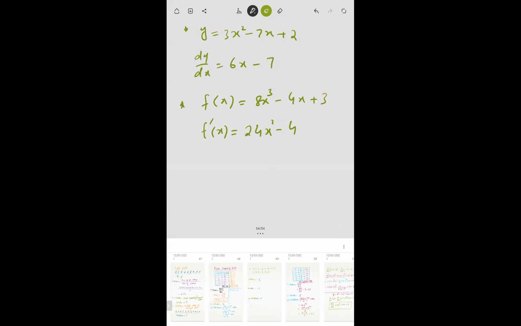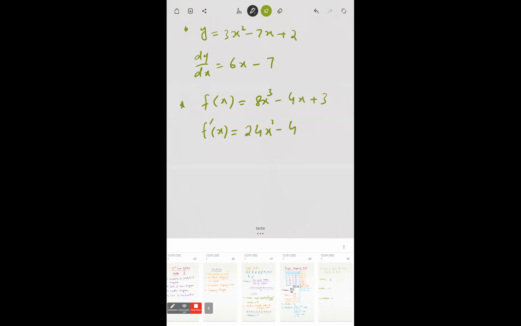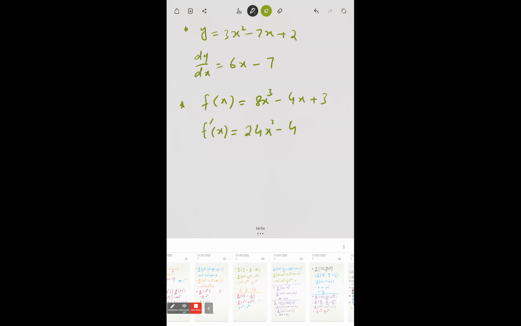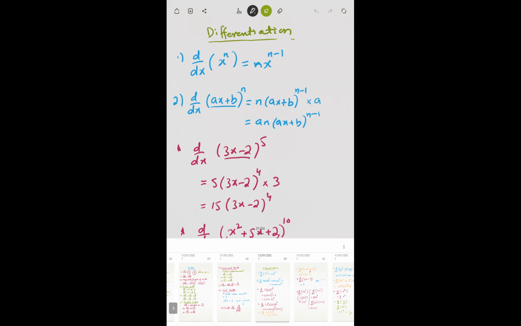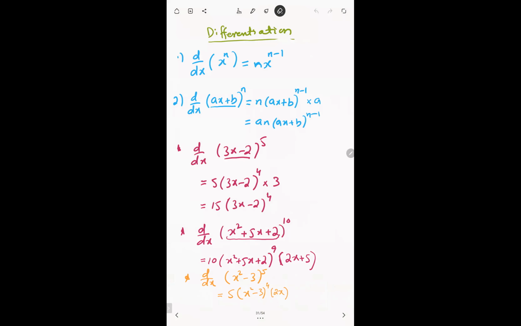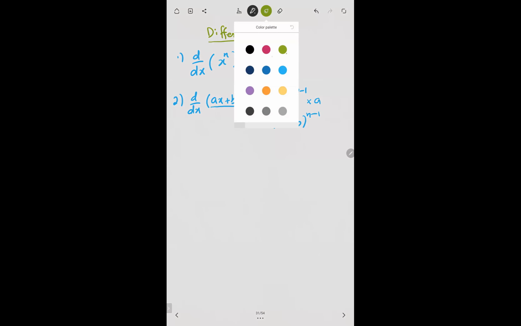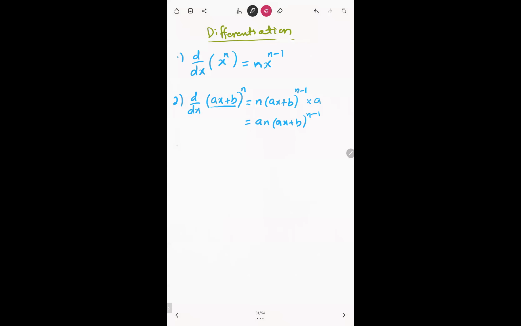Now the third important point is, I'm not telling you how to differentiate, we have learned this. Now the next thing we are going to do is, what does this dy by dx represent?